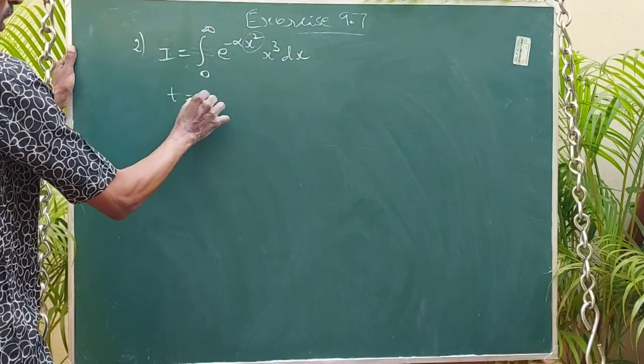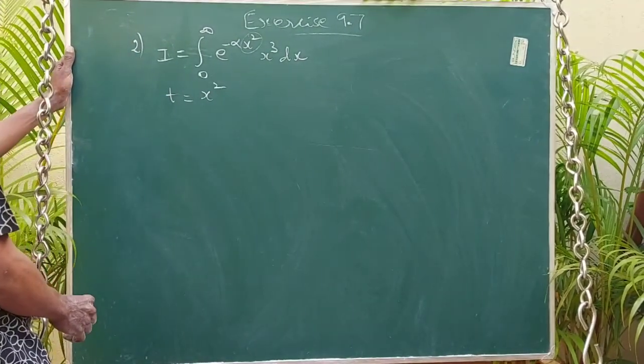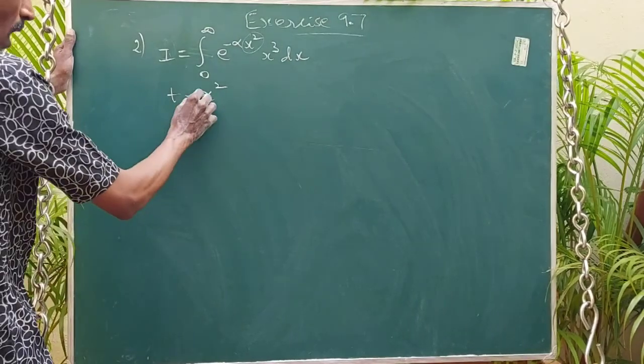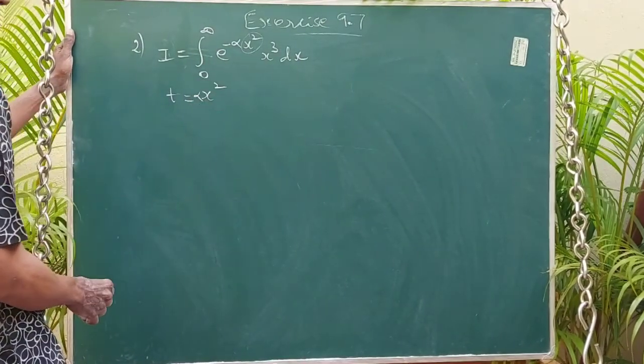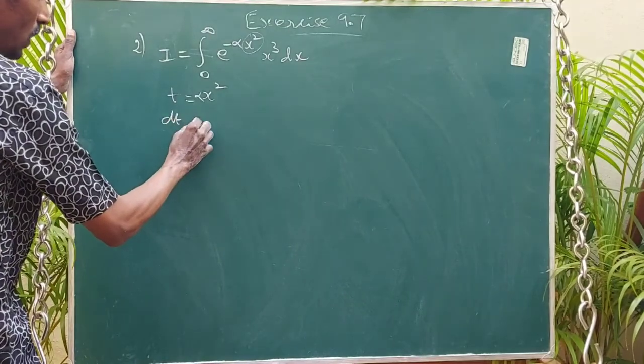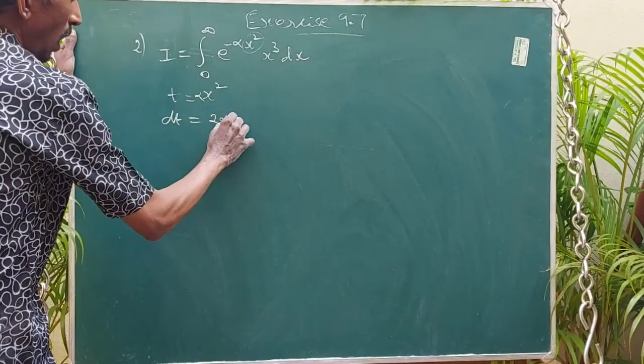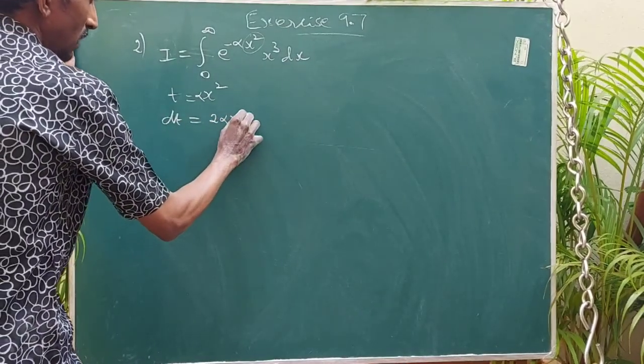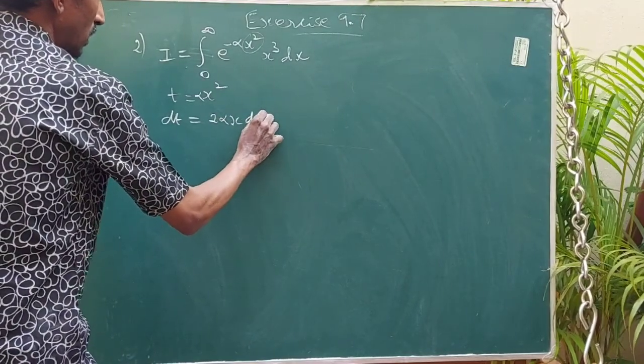So use the substitution method. Take alpha x square equal to t, the whole thing alpha x square as t. So dt equal to 2 alpha x dx.